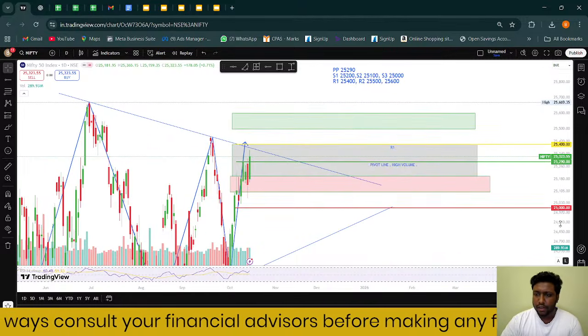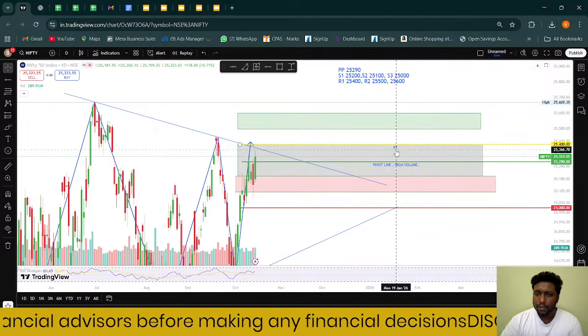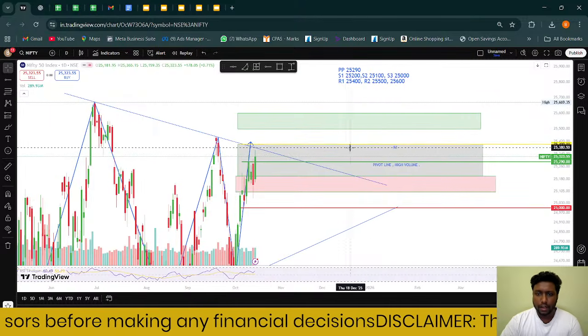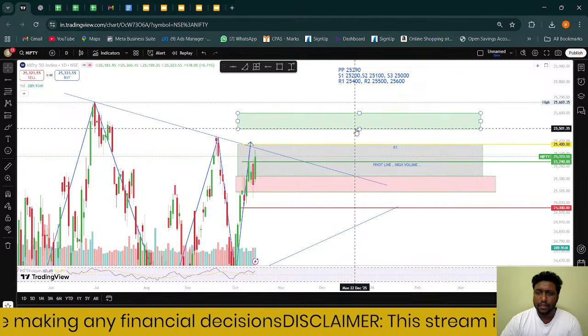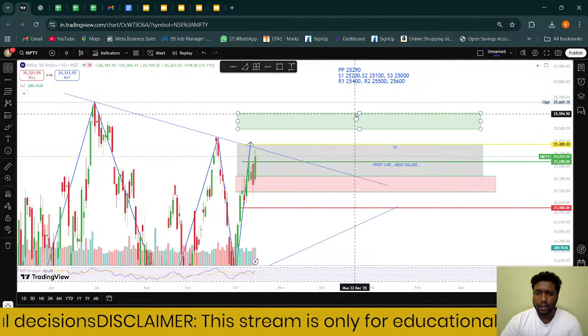We can get these points easily with a move up to the R1. If that similar movement continues with the same volume in the market, then we will consider our next two levels, which are 25,500 and 25,600.